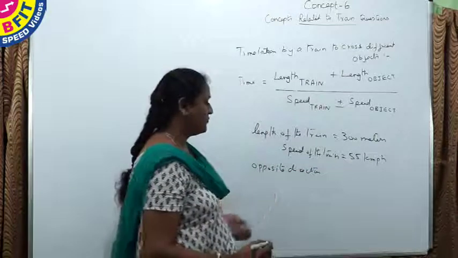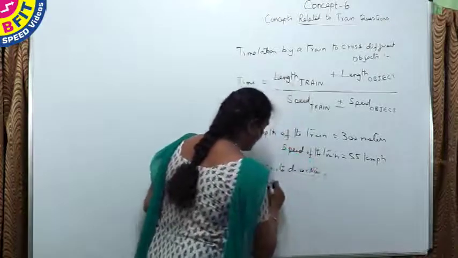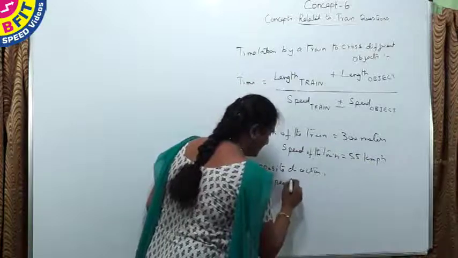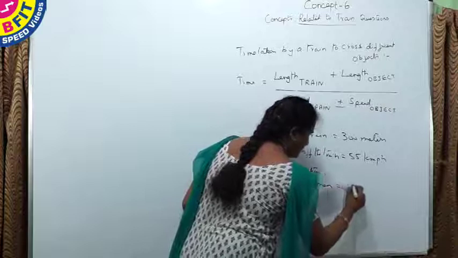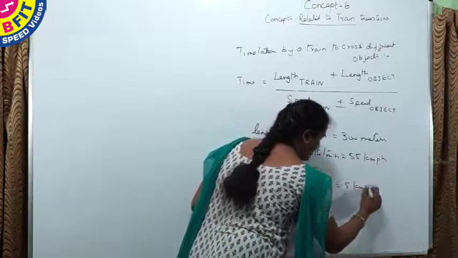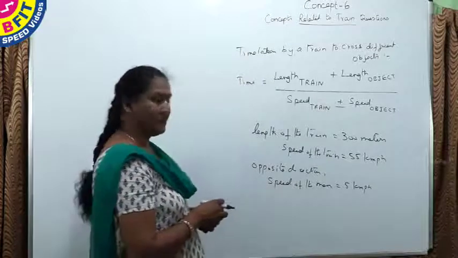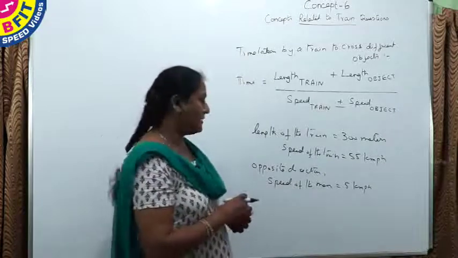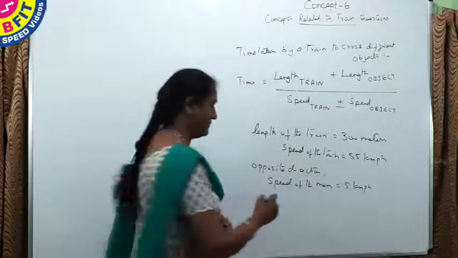So the man is moving in opposite direction. So the speed of the man is 5 kilometers per hour. So now what is time taken by this train to cross the man who is walking in the opposite direction?